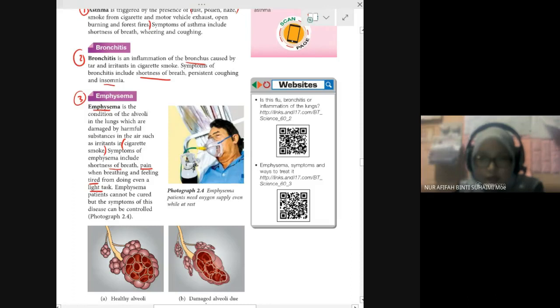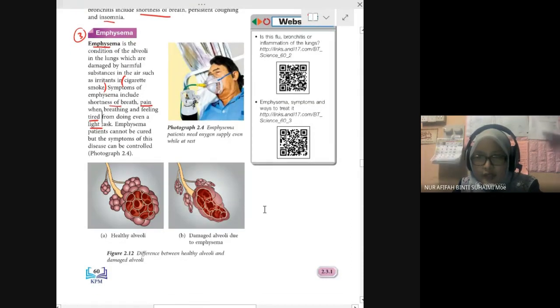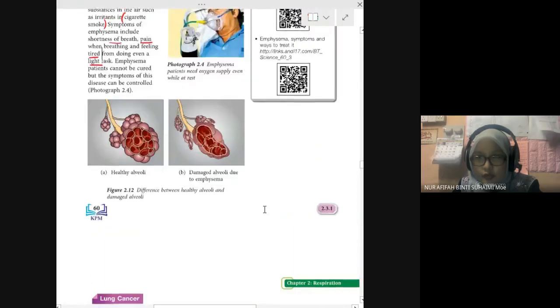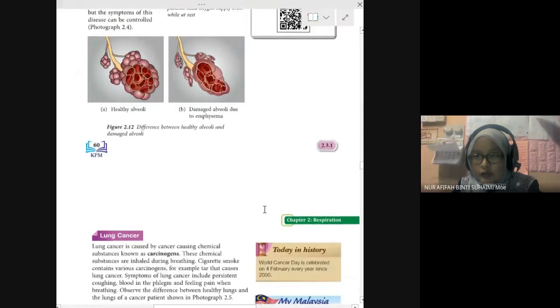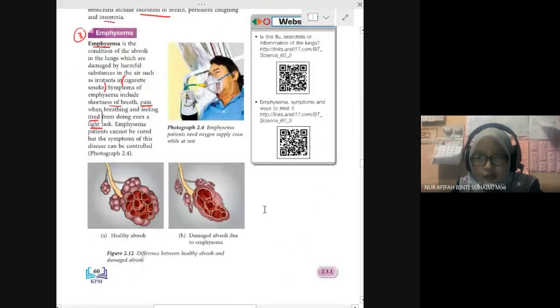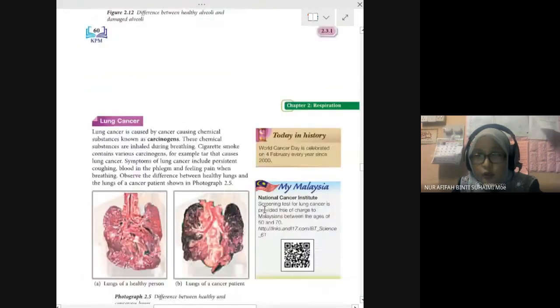Okay. An emphysema patient cannot be cured, but the symptoms of the disease can be controlled. Just can be controlled, but cannot be fully healthy. Cuma boleh kontrol sahaja.